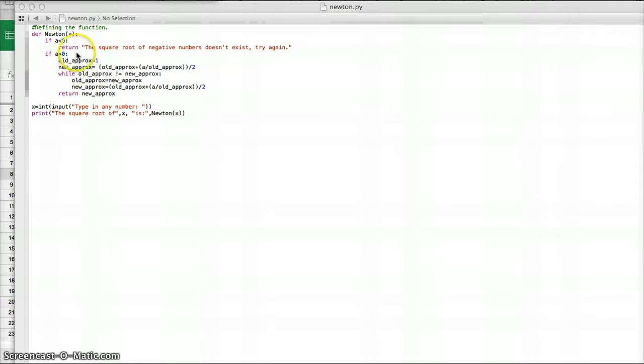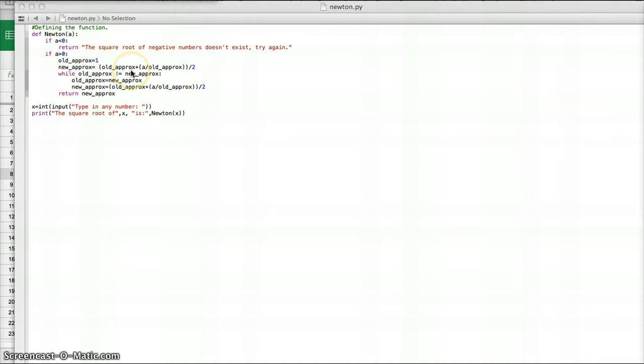So we are going to start by showing when to use while. In this case, we are asked to calculate the square root of a number with Newton's law. What you have to do is first add 1 plus the number over the old approximation over 2.